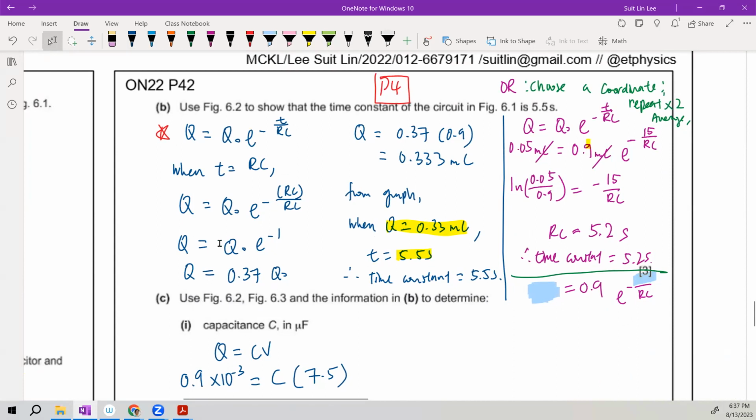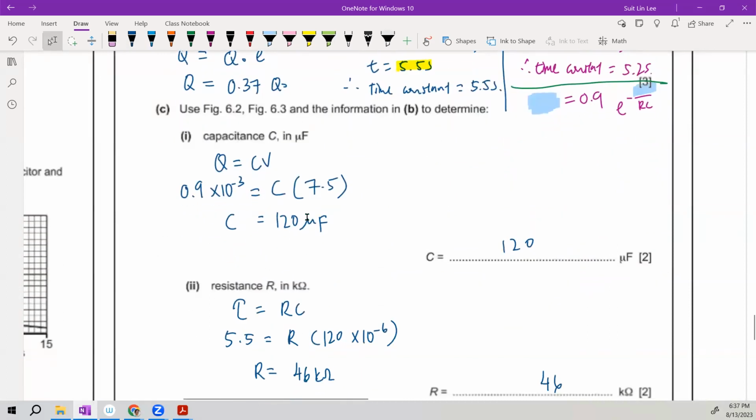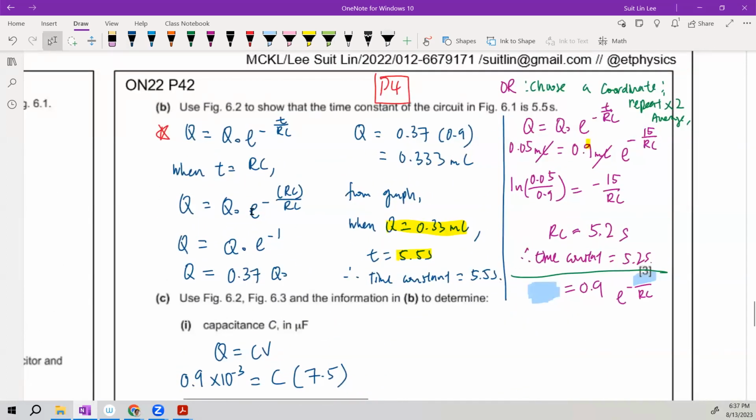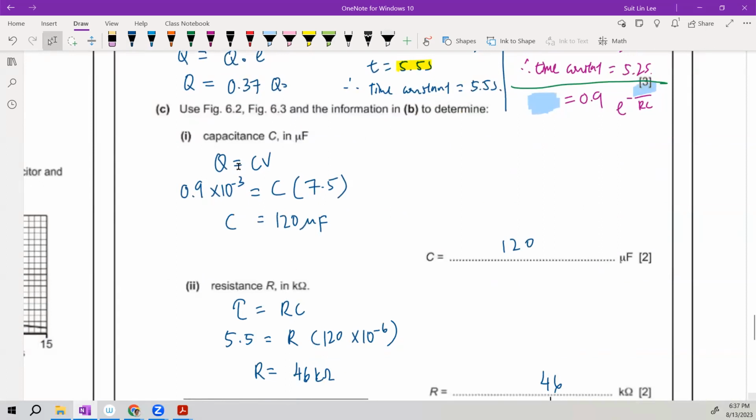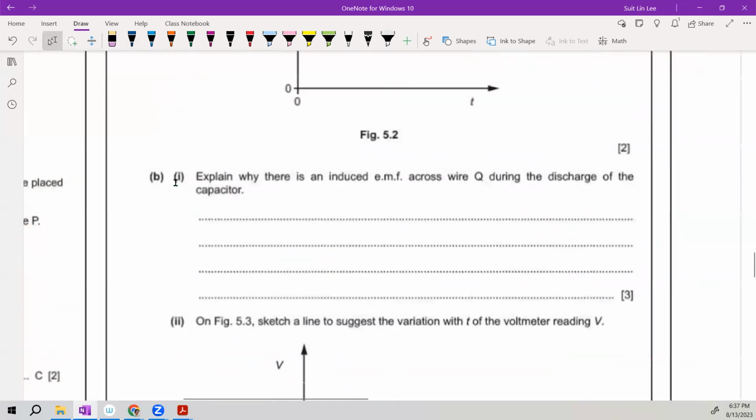They will test your familiarity of the equation in a few ways. It's not just that you see their values and you can substitute. You must really know how the graph looks like, how to use the graph, and how to use the information from the question and the circuit drawing to deduce the equation. So the more you know about the equation, the easier the question will eventually be at the later parts of the question. Okay, so that's it for capacitors.